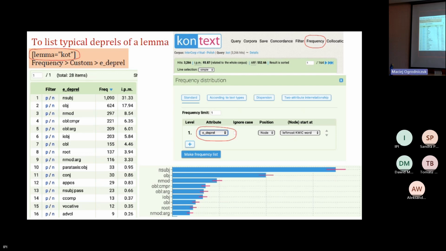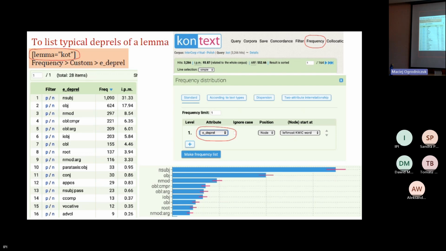So okay, you have the concordances, but maybe you are interested in an overview. So if you want to get what syntactic functions a certain lemma can have, you first have to really ask the question. So you have to query the corpus for this lemma.